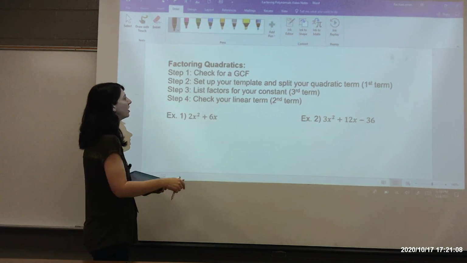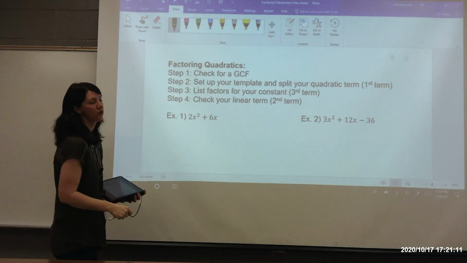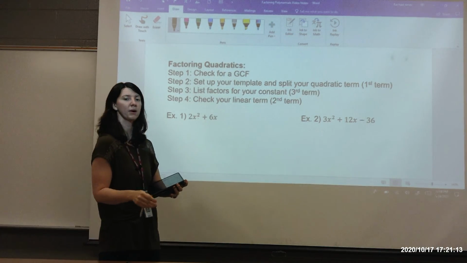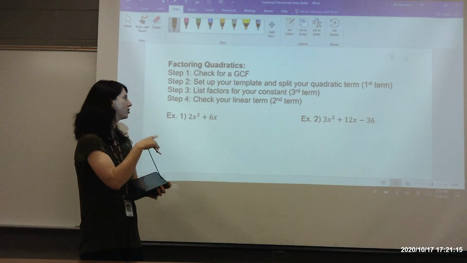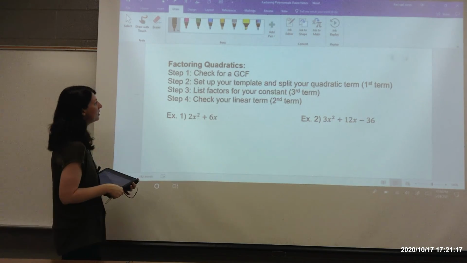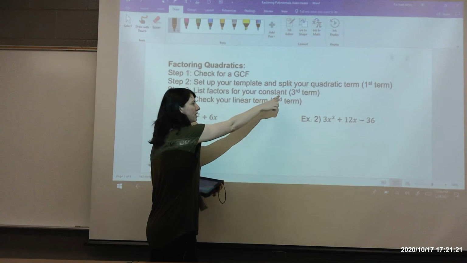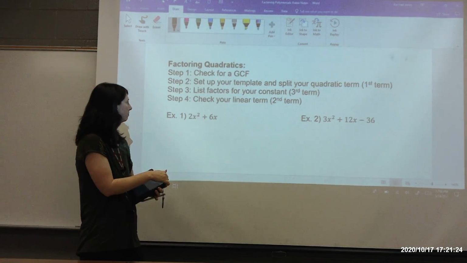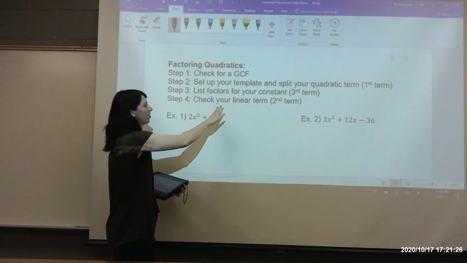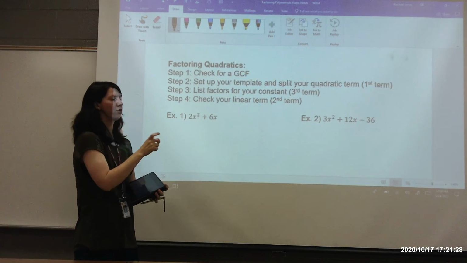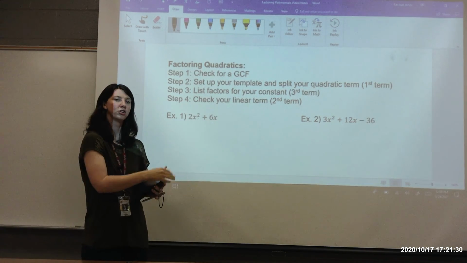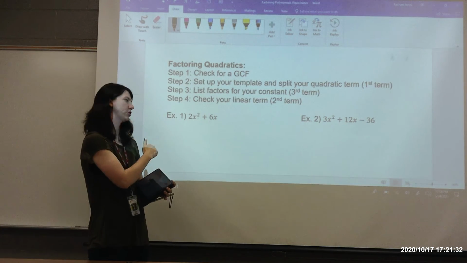You are going to set up your template and split your quadratic term, your first term. So what I mean by template is the parentheses, which I'll show you in a minute, okay? Then after you split up the first term, you'll list your factors for your constant, your third term, okay? And then step 4 is you're going to check your linear term, check your middle term, your second term. So first term, third term, then middle term.